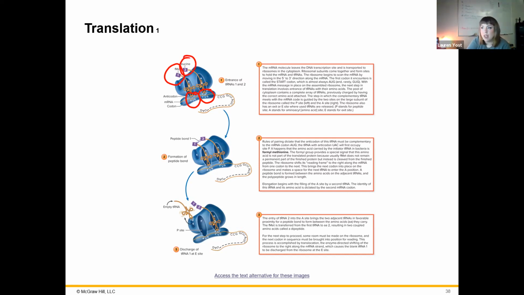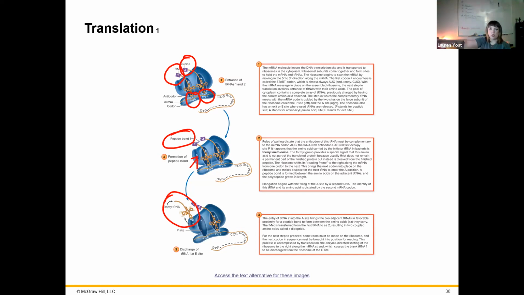And so what happens next is we have a formation of a peptide bond between those two amino acids. And when that peptide bond joins those two amino acids together, that can allow for this empty transfer RNA to move into the E, which is the exit spot, okay?